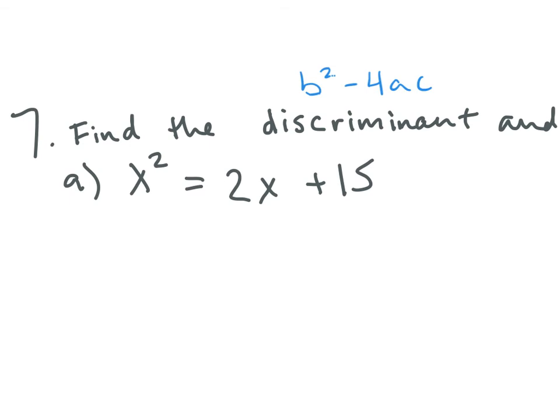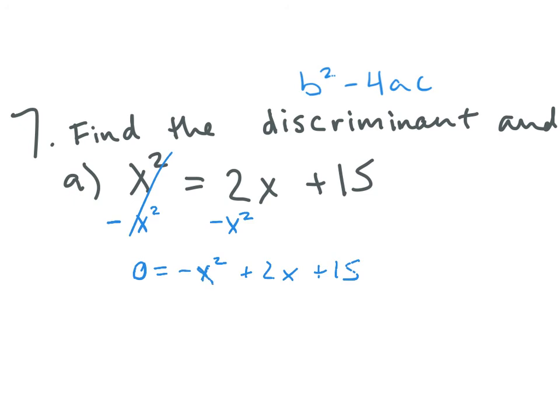So what do we have to do first for A? What do we do first? Move it all to one side. Perfect. So we have 0 is equal to negative x squared plus 2x plus 15.